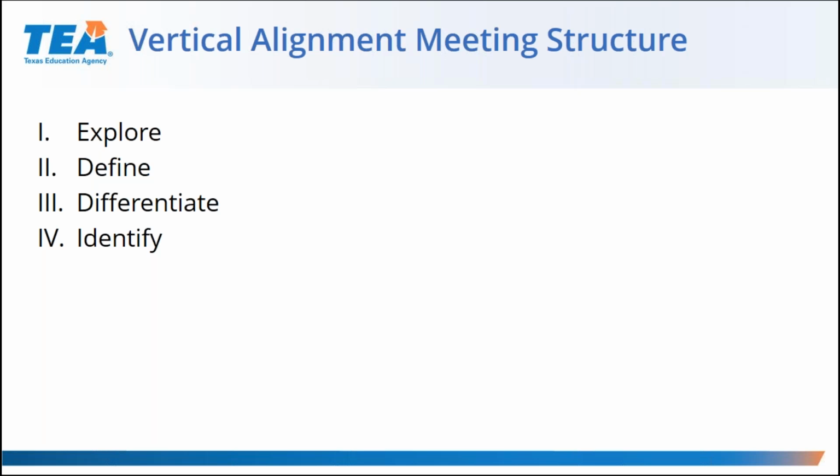Lastly, you'll want to spend some time identifying resources that everyone can access that will support their implementation. Ideally, these are some web-based resources or are resources that you might have in your campus's professional development library.